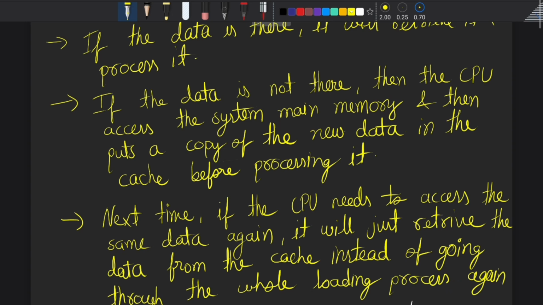So as I've already said, the CPU first copies the data which it was not able to find in cache memory and was able to find in main memory into the cache memory, and then processes it, so that if in future it needs that data again, it won't have to go to main memory again, and it will be able to fetch that data directly from cache.